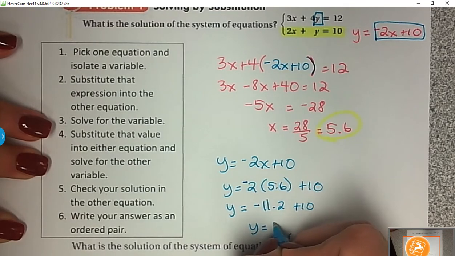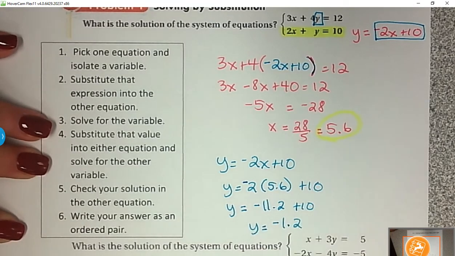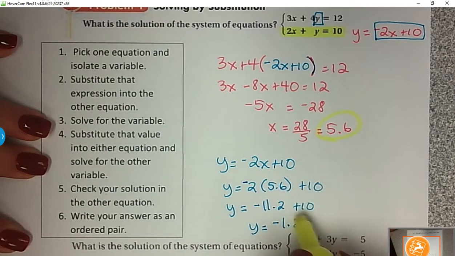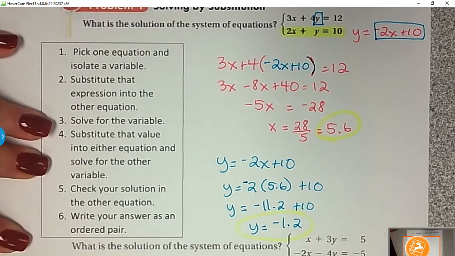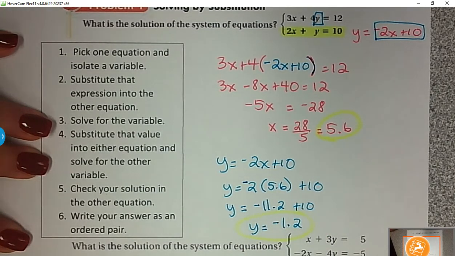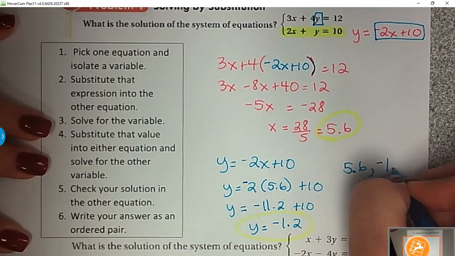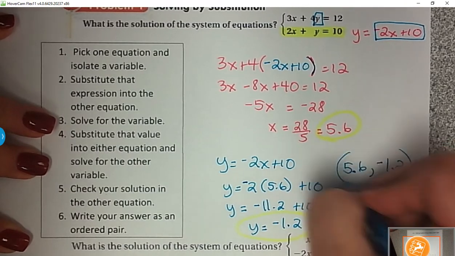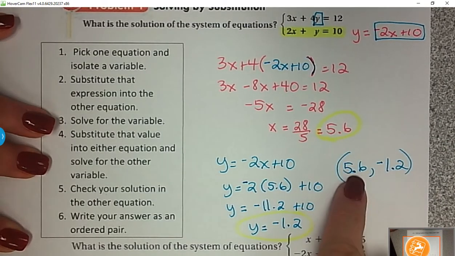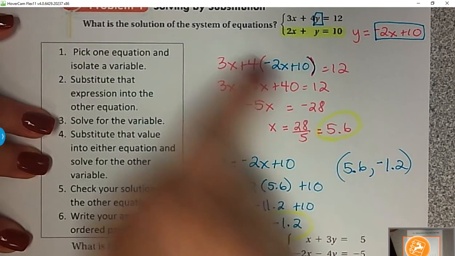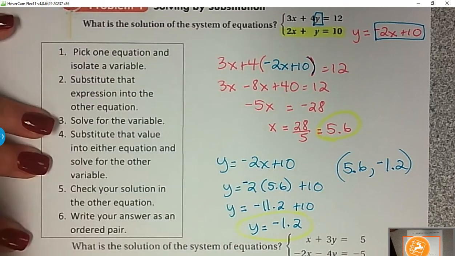Y is going to be negative 1.2. So now I know what x is and I know what y is. My answer should be written as an ordered pair. Your x value comes first and then your y value. If you plug this x and this y into both of these equations, you will get true statements for both.